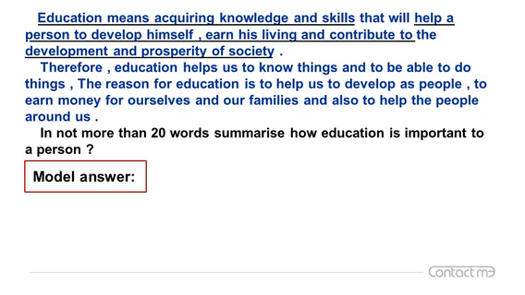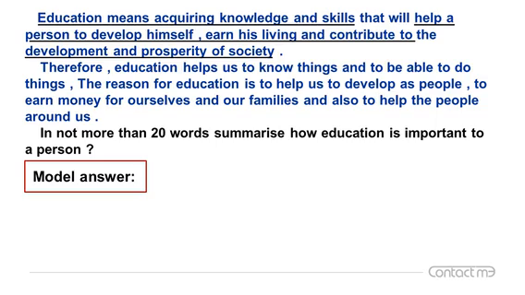We should not go to the second paragraph because it is a repetition of the first paragraph. So we can say a person acquires knowledge and skills which help him to develop himself, or to get money and help the society, or help in the development and success of society.